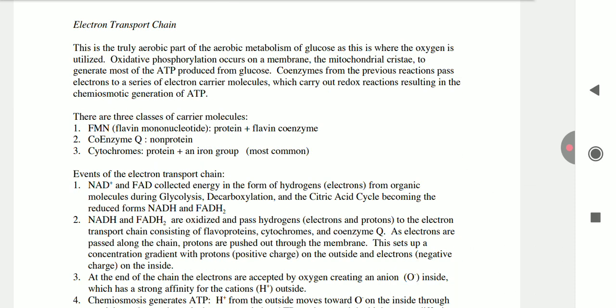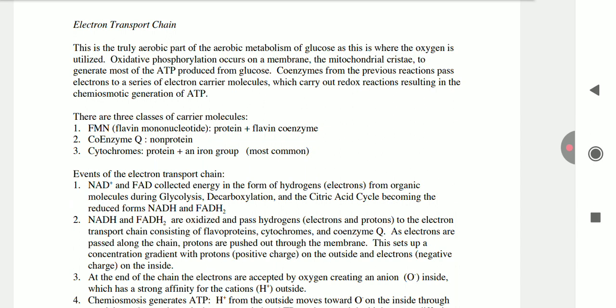Electron transport chain. This is the truly aerobic part of the aerobic metabolism of glucose, as this is where oxygen is utilized. Oxidative phosphorylation occurs on a membrane, the mitochondrial cristae, to generate most of the ATP produced from glucose.